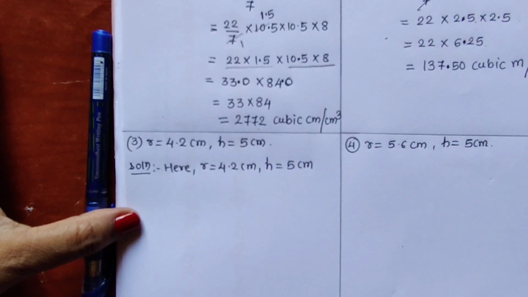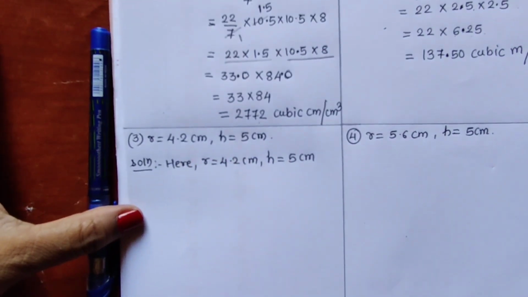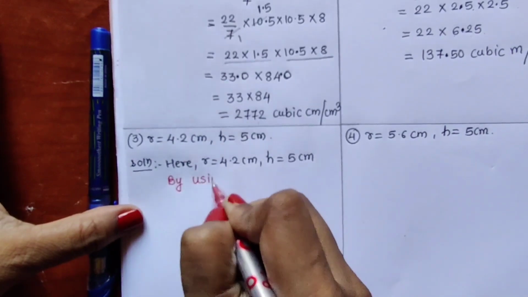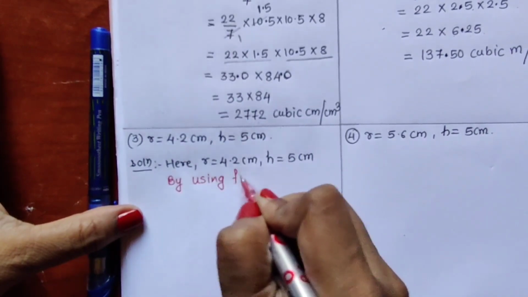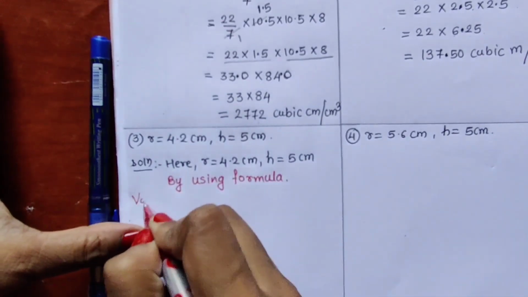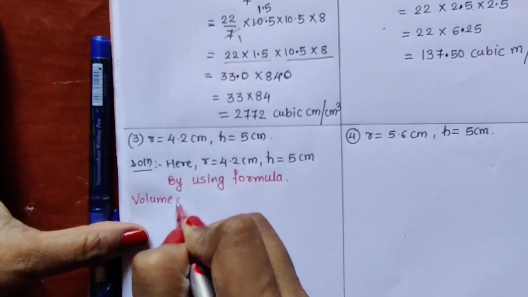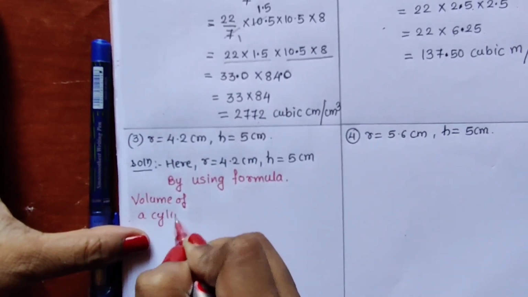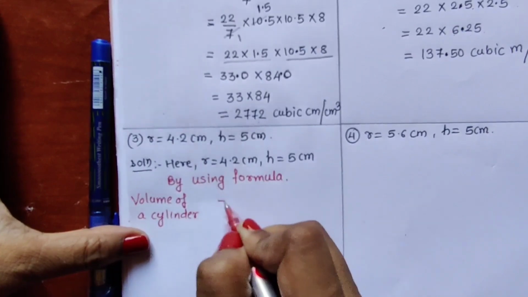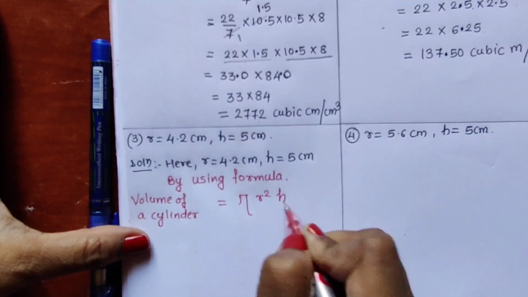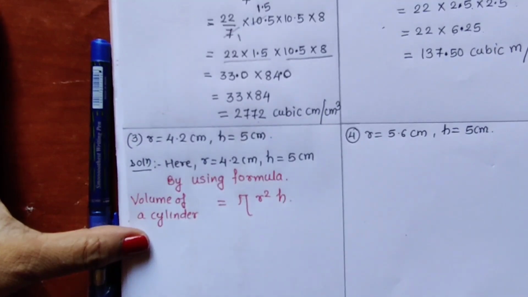Now we will write the formula. Volume of a cylinder is equal to pi r square h.